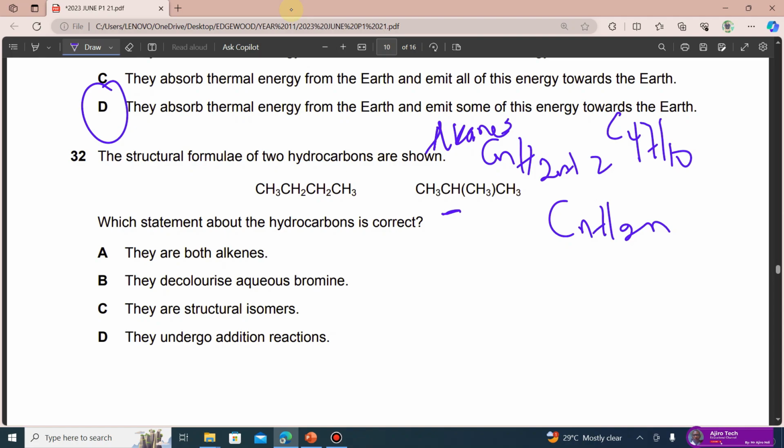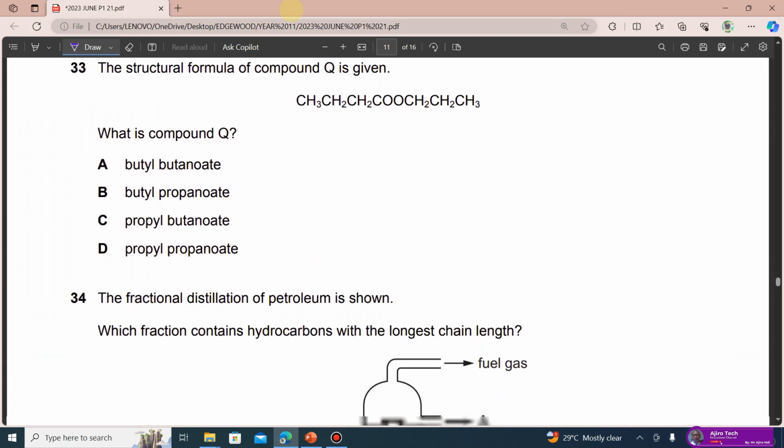So they contain equal numbers of carbons and equal numbers of hydrogens, which makes them not alkenes, and they would not decolorize aqueous bromine, because only alkenes can decolorize aqueous bromine. So what we have here is, of course, this is off, so they are structural isomers. Okay, the same molecular formula, different structures, different ways of representing them rather.